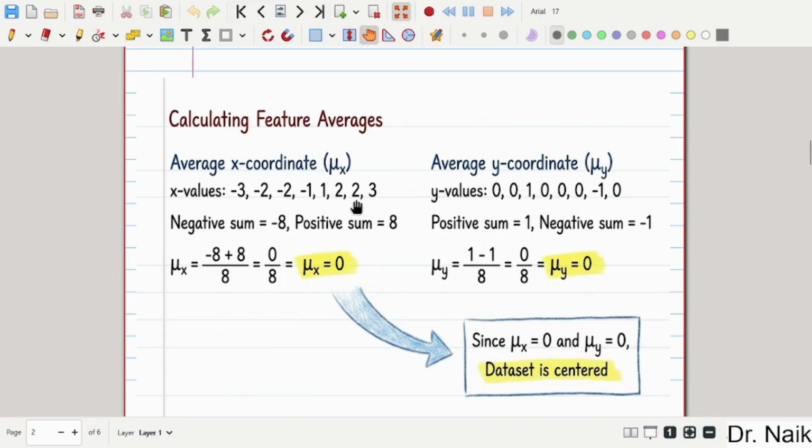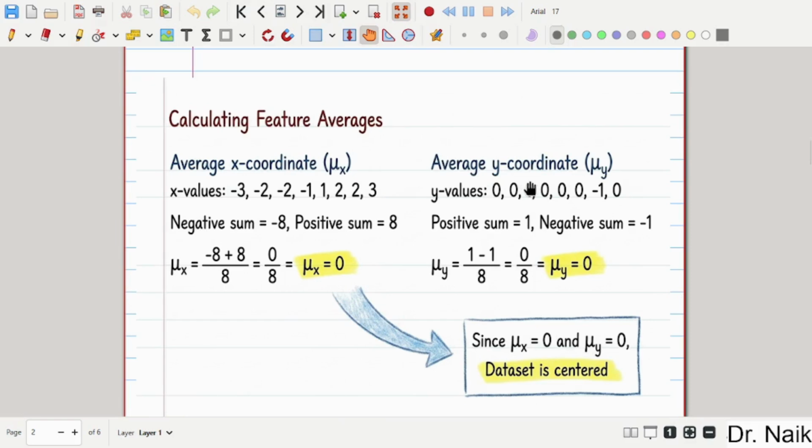Now sum all these values. Their sum is 0. Now substitute it in our formula. So mu x is equal to 0 by 8. 8 means the total number of values. So our mu x is 0. That is, the average of the x coordinate feature is 0.